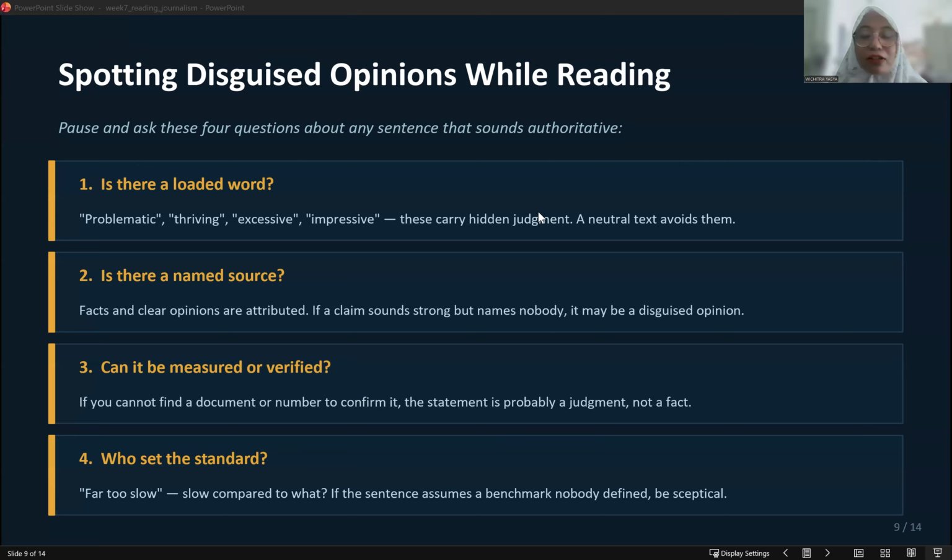But if there are no numbers, it may be a disguised opinion. And who set the standard? Like I said, when you say this restaurant is the best in Bekasi, according to who? Compared to what? So if a sentence assumes a benchmark nobody defined, be skeptical.